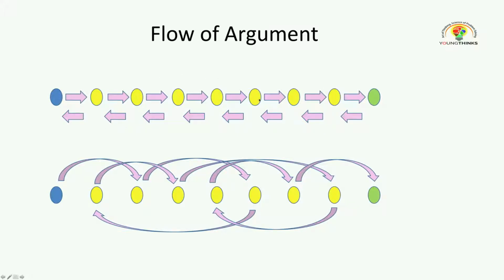You should always use a seamless approach, which could be in the forward direction, from the starting point to your objective, or in the reverse. If this is the objective, let's assume that this is correct, and from this I derive this, and from that I derive the next, and you go backward until you come to a point which is inconsistent with the information given in the question.